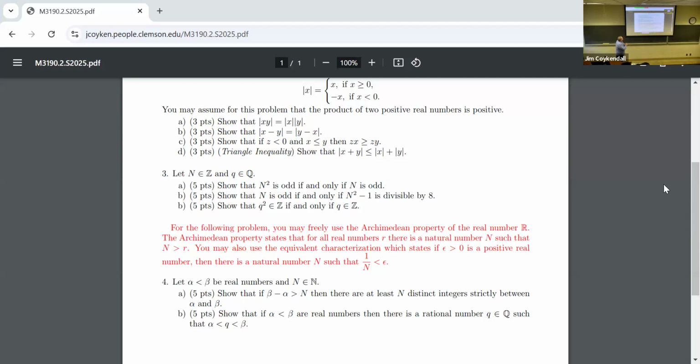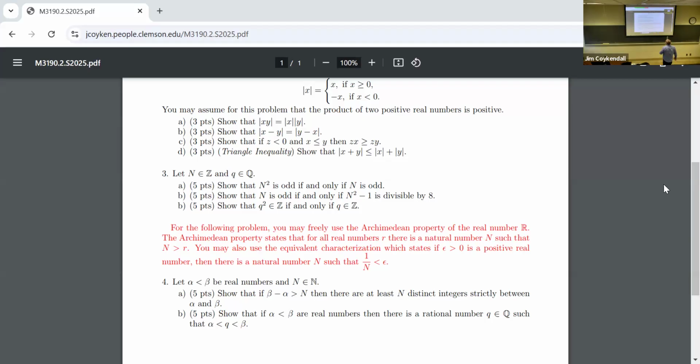Finally, for the following problem, you may freely use the Archimedean property of the real numbers R. The Archimedean property states that, you've probably all heard of this before, or you might at least intuitively know this, if I walk up to you on the street and give you a real number, there's a natural number that's bigger than it, right? You can find some natural number bigger than any real number.